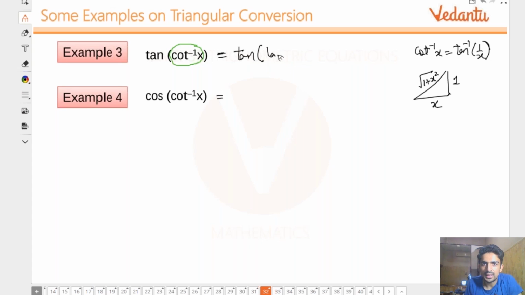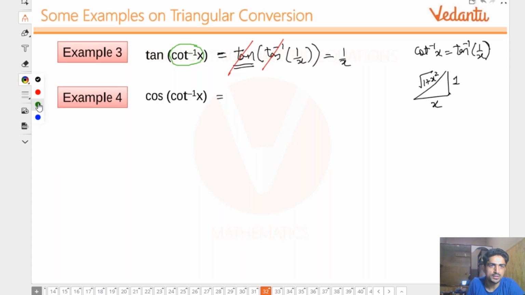I'll write it tan inverse 1 by x. I will not worry at all about where x lies. Why? Because of this trigono function lying outside. And now we know whenever trigono is outside, it cancels out. So answer is 1 by x.